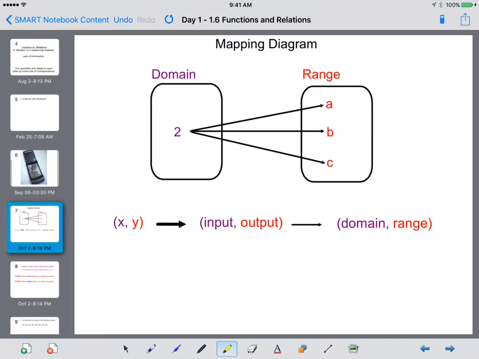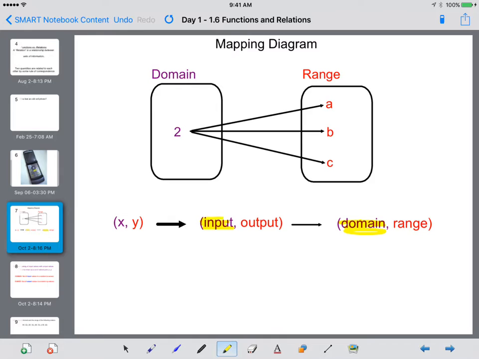We can diagram these relations with a mapping diagram. For example, if you press the button number 2, you get out either A, B, or C. Domain and range are going to be these words you're going to hear throughout this unit. Domain is your input values. If you input number 2, you would get out A, B, or C. So that is our domain.